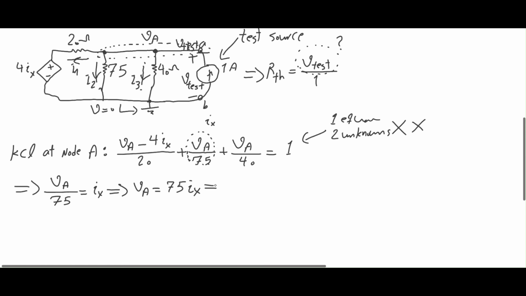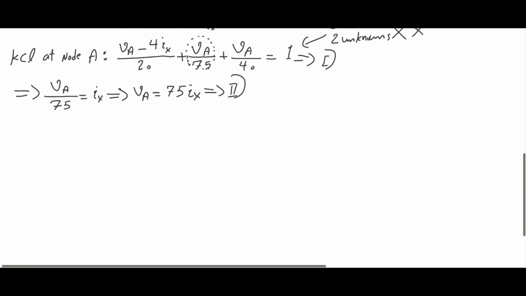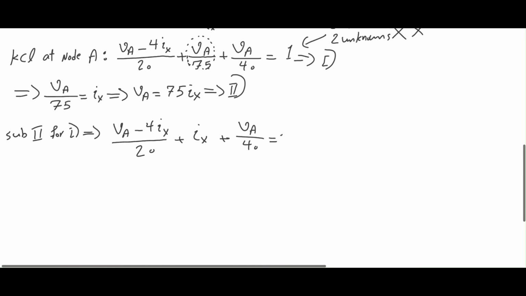Let's call this equation equation 2, and let's call the earlier one equation 1. And I'm just going to substitute equation 2 into equation 1. Then I have (VA minus 4Ix) divided by 20 plus VA over 75, which is Ix, plus VA divided by 40 equals 1.